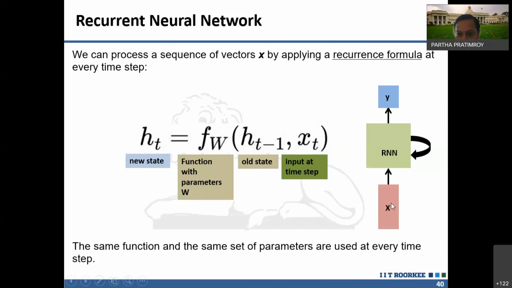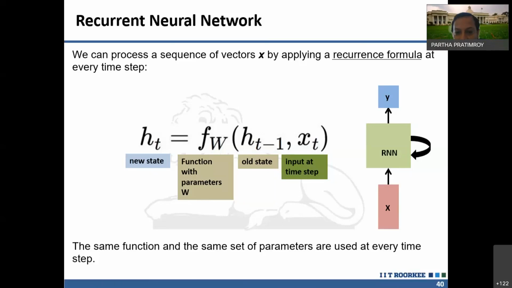So you have a set of features x, and these functions. If you are considering functions like multi-layer perceptrons, what was the function? The function was simply wx, right?